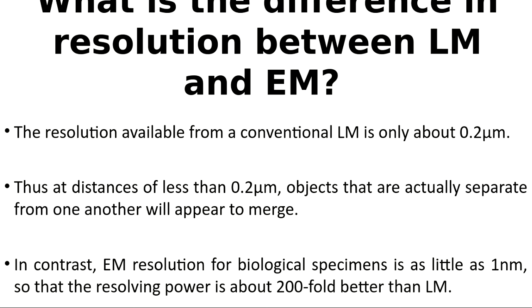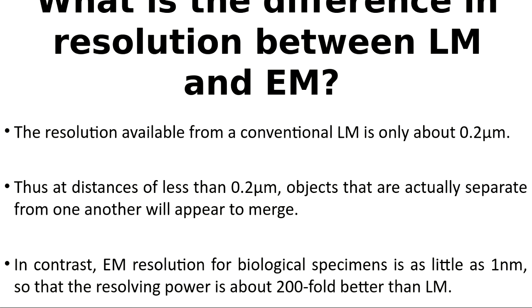Now if I start using LM and EM, LM means light microscope and EM is electron microscope. From here I will use only the short forms. The resolution available from a conventional light microscope is only 0.2 micrometer.